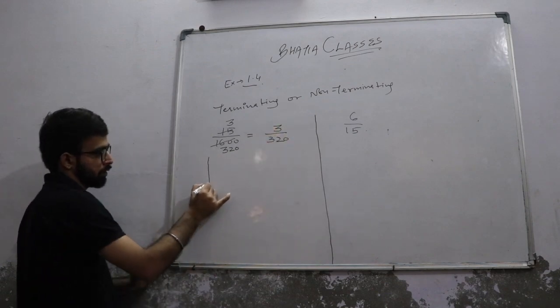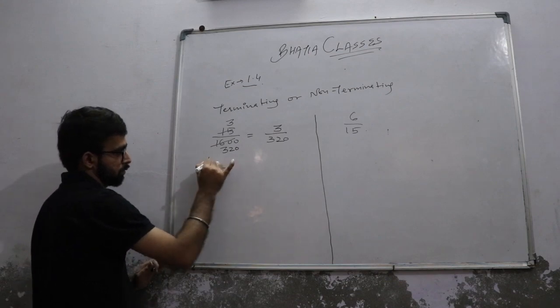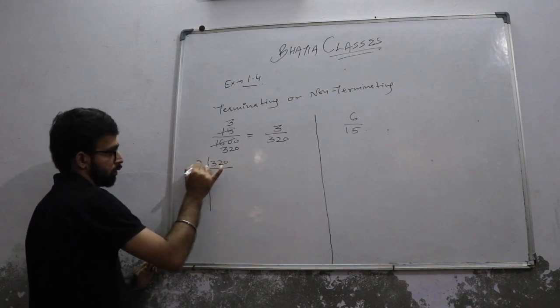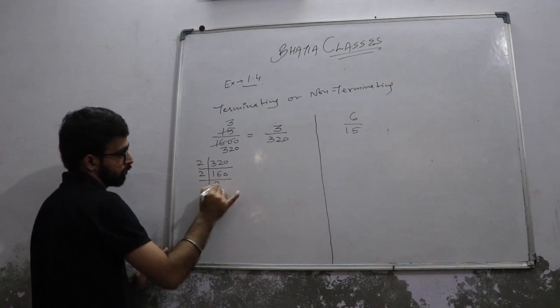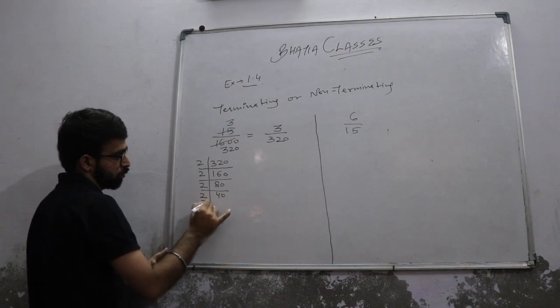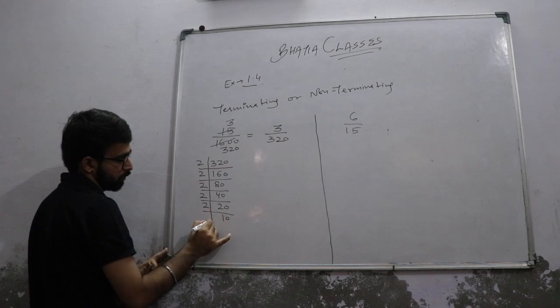Take the factors of 320: 2, 160, 2, 80, 2, 40, 2, 20, 2, 10, 2, 5.